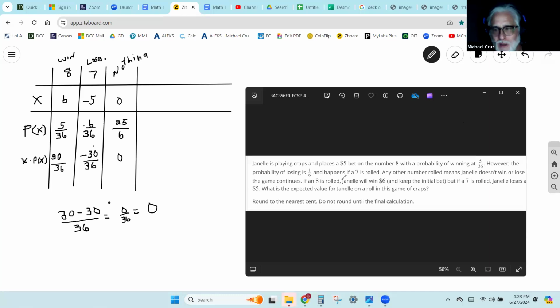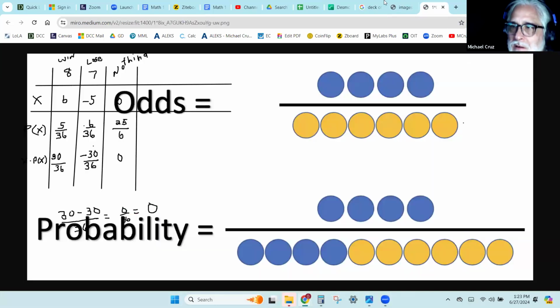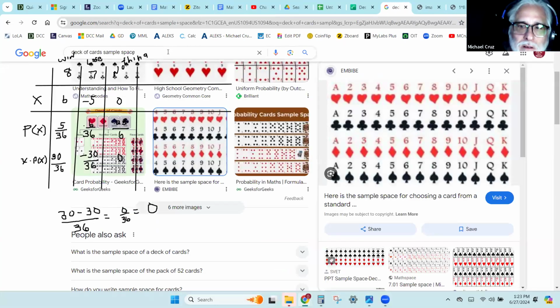But all the other numbers on there, so I guess what it is, there's five different eights. I guess that's what it is.